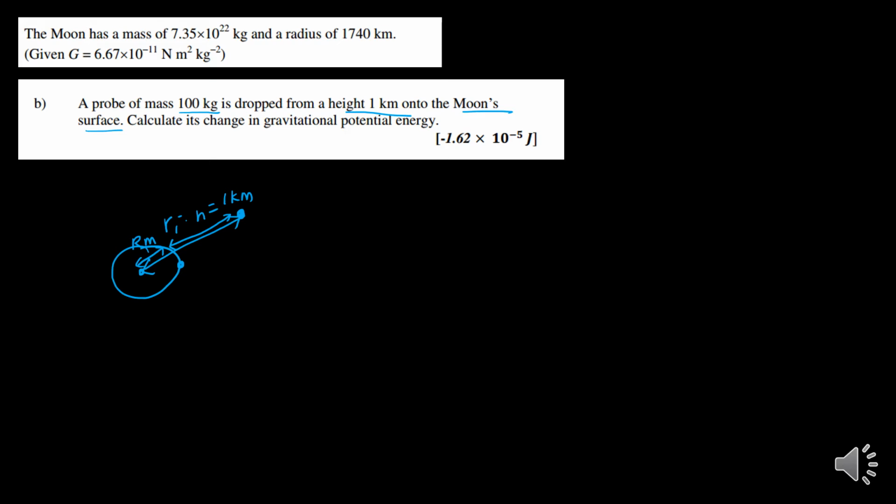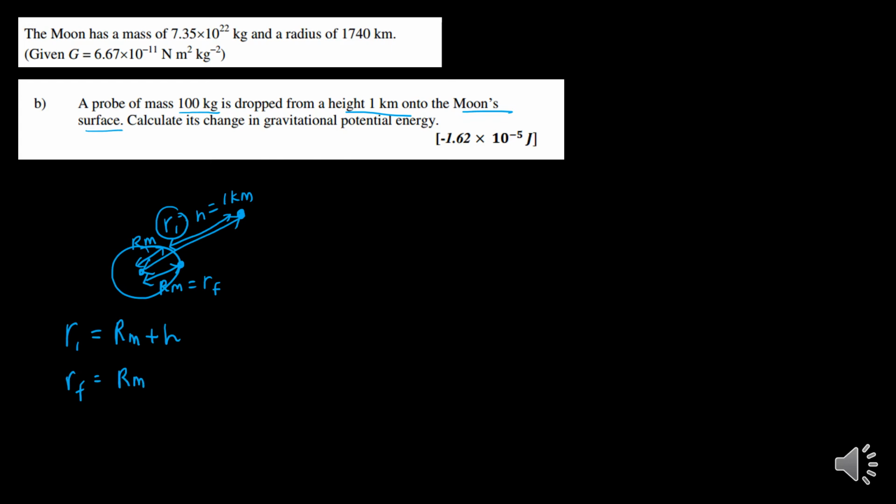So to determine R initial, you have to add up the radius of the moon plus the height, which is 1 kilometer. And then R final comes from the surface of the moon, so R final is equal to the radius of the moon.